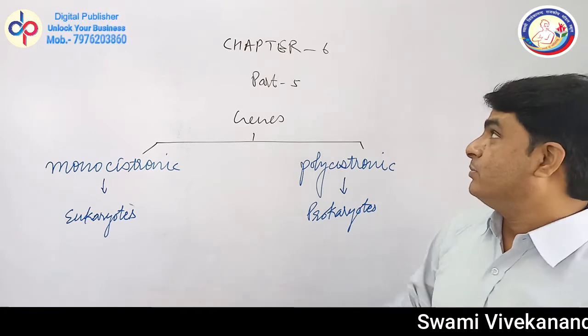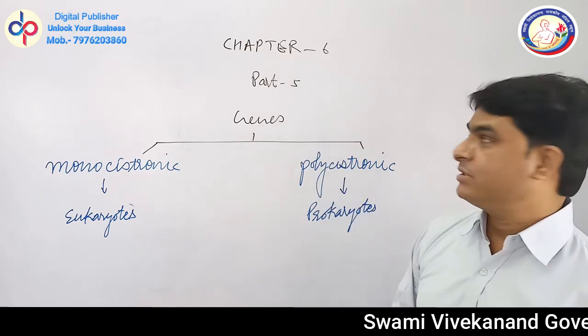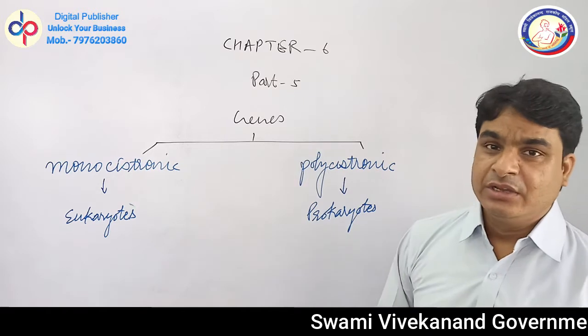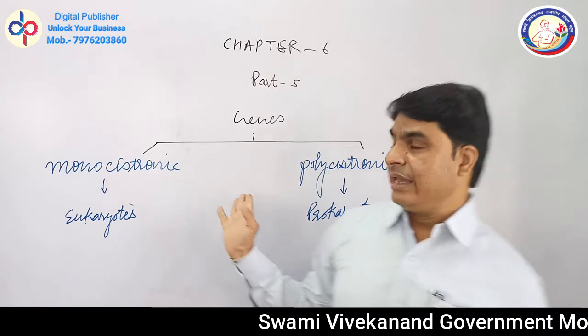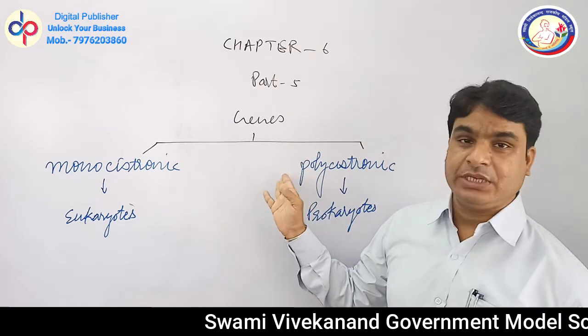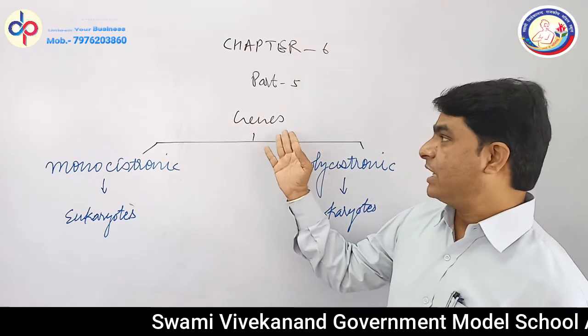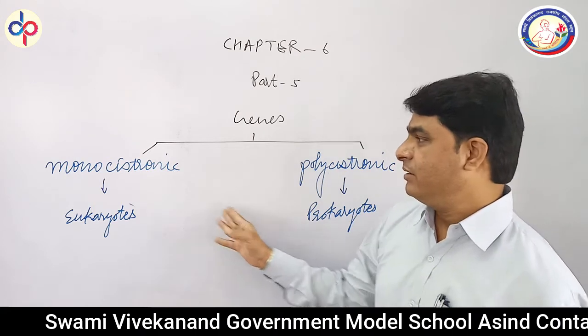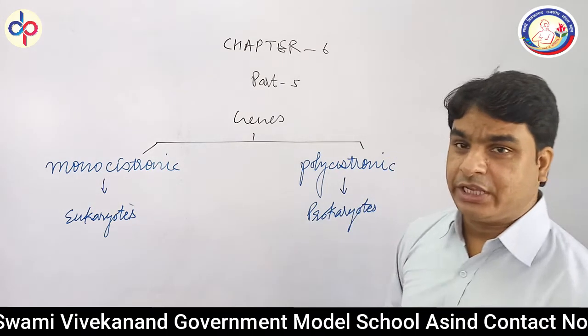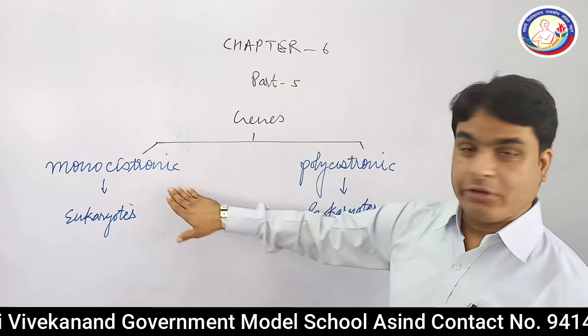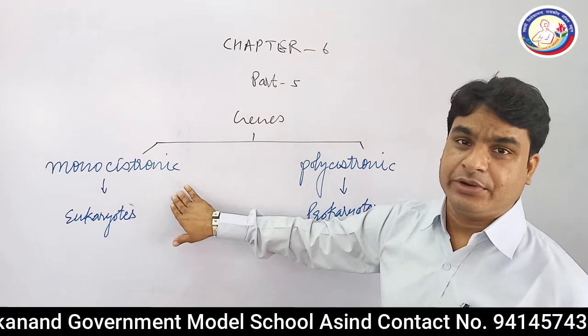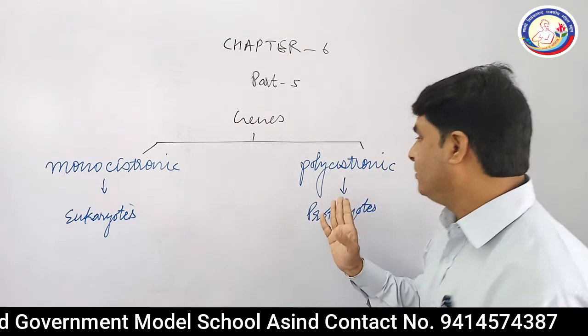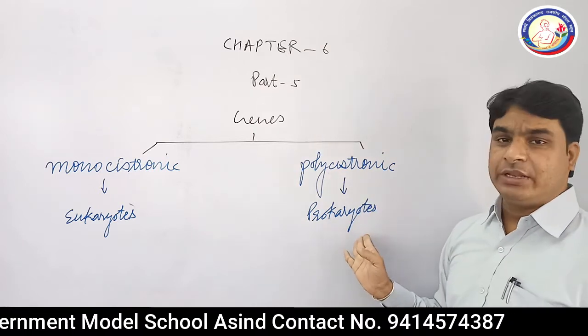We are in chapter number 6 and today we will start part number 5. Although it's theory, I have already explained the types of genes. On the basis of transcription, genes may be monocistronic or polycistronic. Monocistronic genes are found in eukaryotes while polycistronic genes are found in prokaryotes.